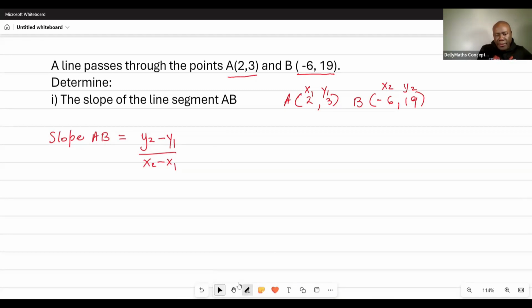So let us put that in. y2 is 19. We're going to minus y1, which is 3.